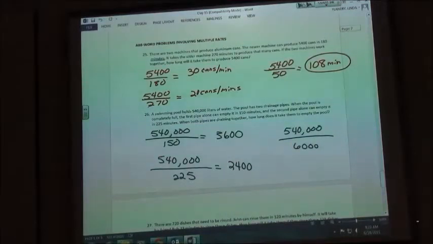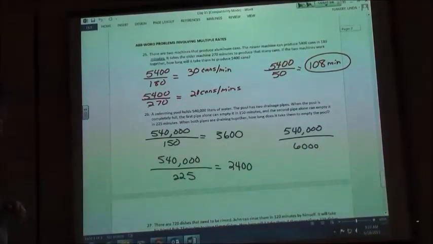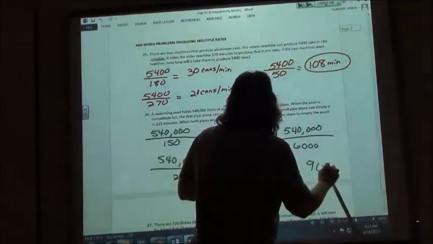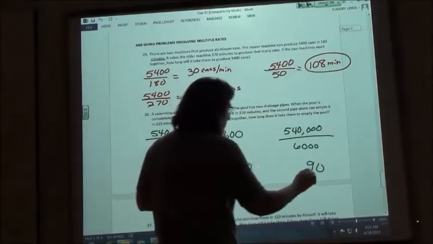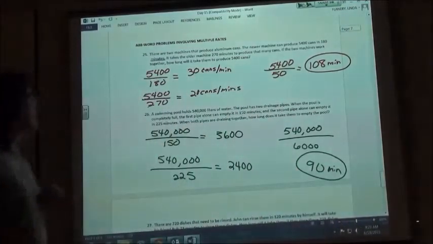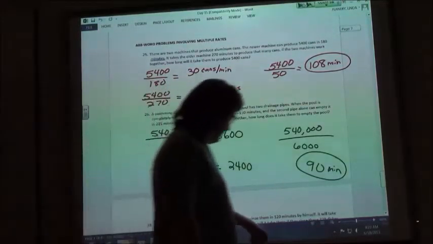And so if we take 540,000 and divide it by 6,000, we get 90. In 90 minutes then. So the first one can empty it in 150, the second one in 225. If they work together, it's only going to take them 90 minutes.